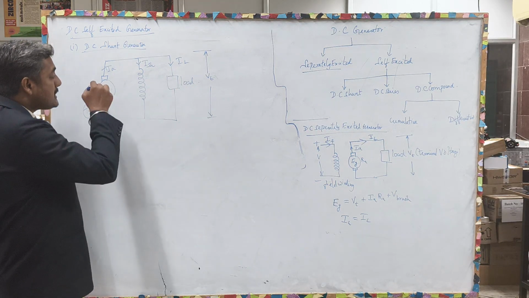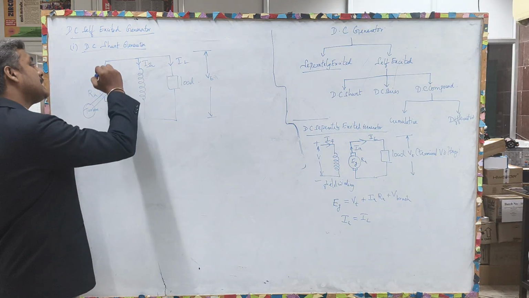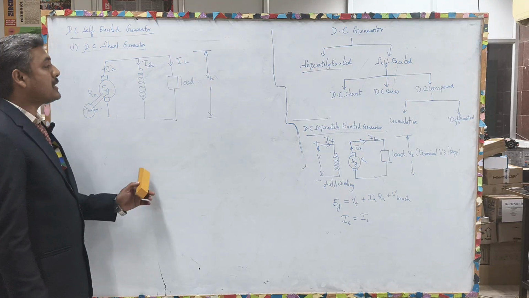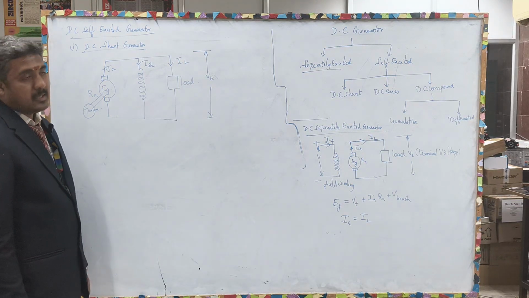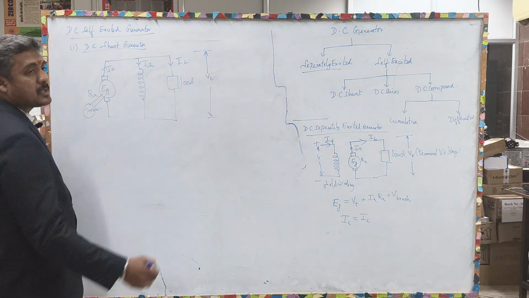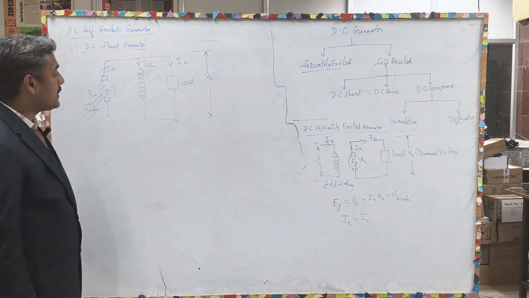So from the generator the supply will be given to the load, that is why the current direction is like this. And also you can tell that current flows from higher potential to lower potential. Here this generated EMF is a higher potential and the load is consuming the lower potential. That is why the current is flowing like this. Okay.